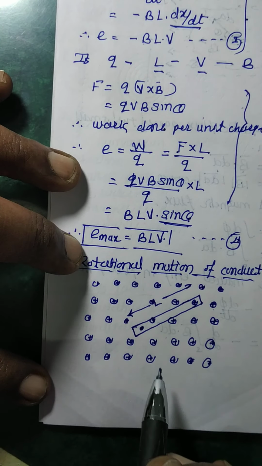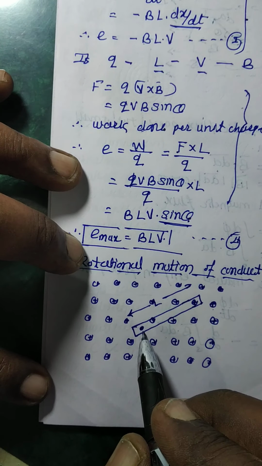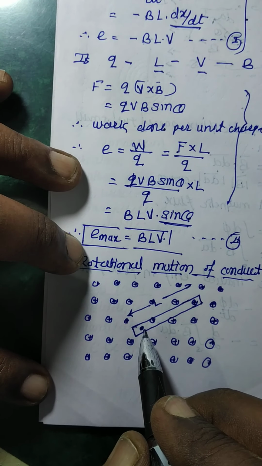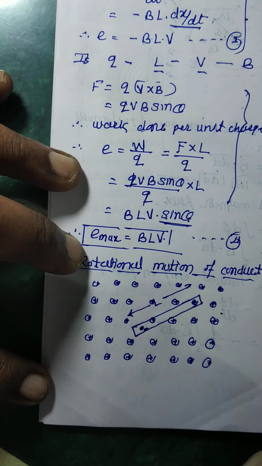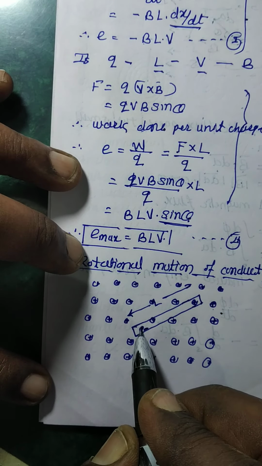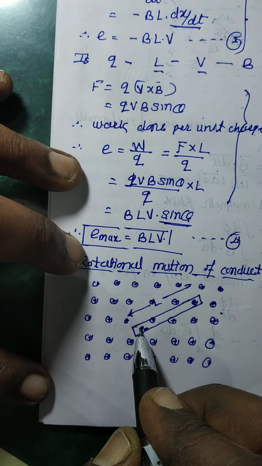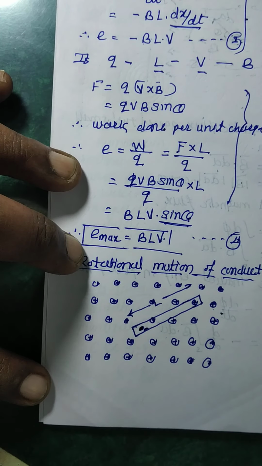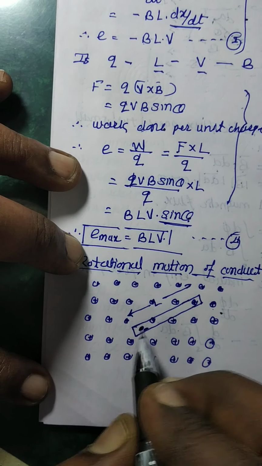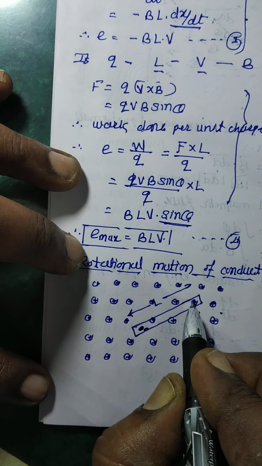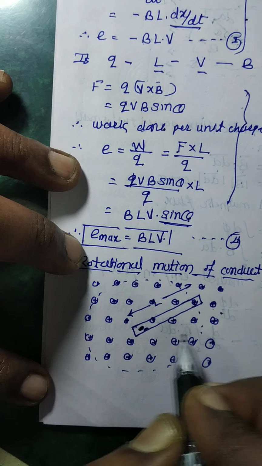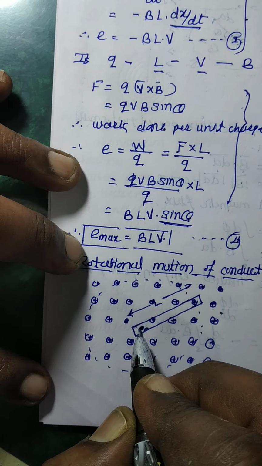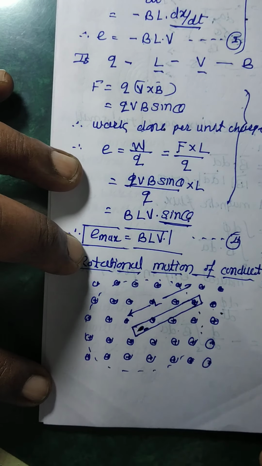Consider a conductor rotating about a pivot axis. Consider a conductor rotating about an axis that passes through one end, in a uniform magnetic field.